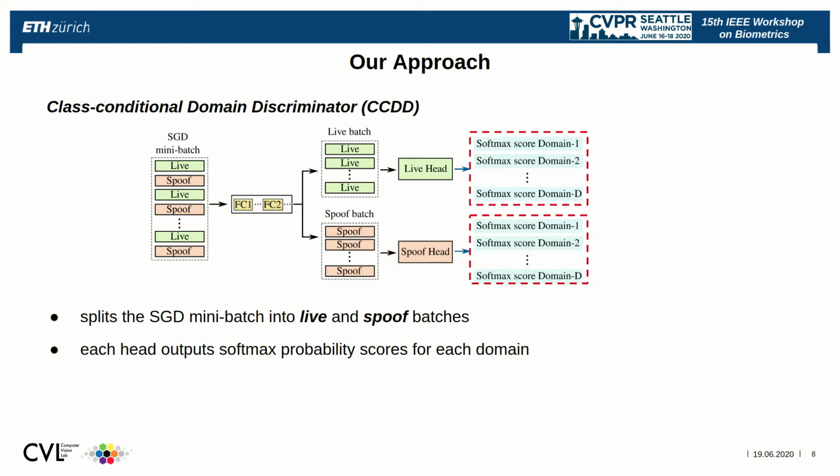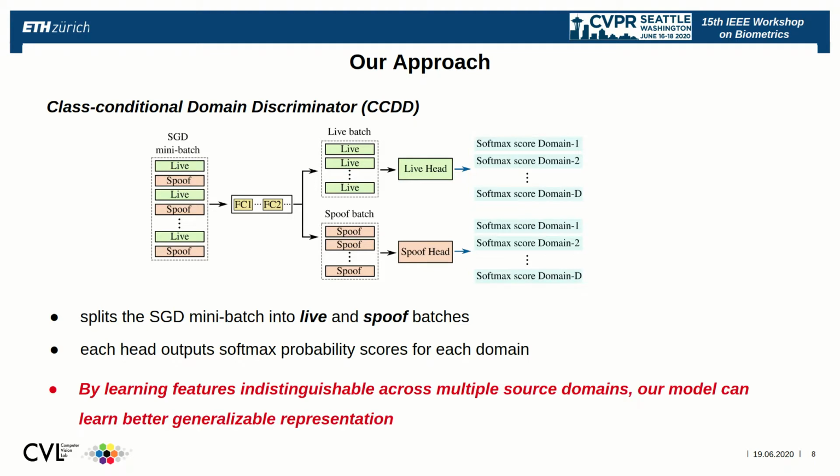The live and spoof heads output the domain classification scores for each live and spoof example. By learning features indistinguishable across multiple source domains, our model can learn anti-spoofing representation which generalizes well on unseen target domains.